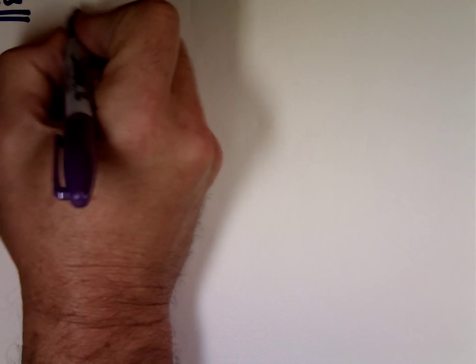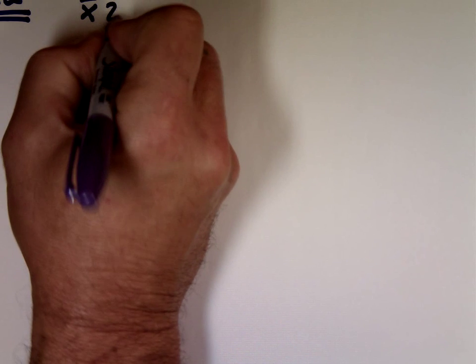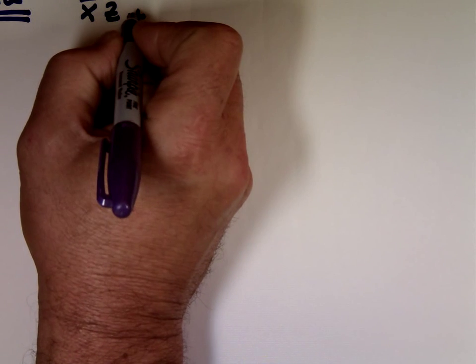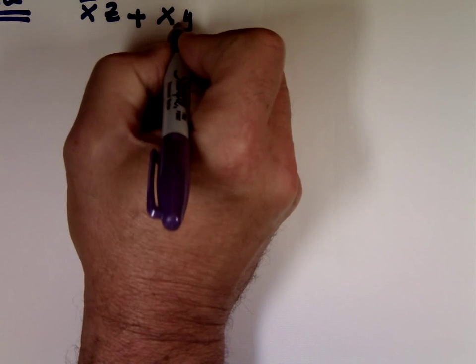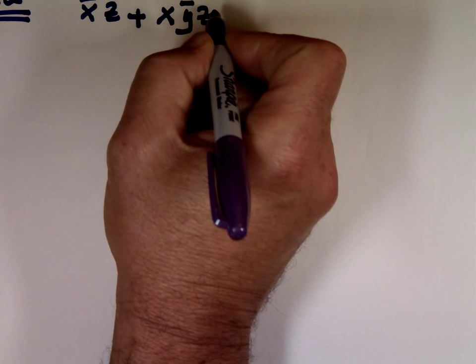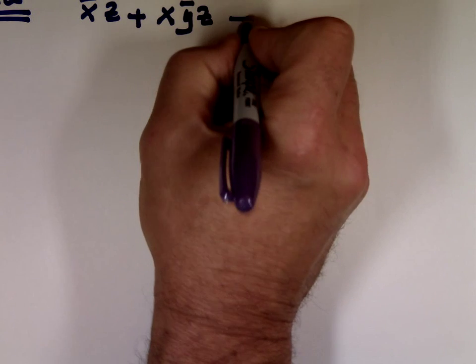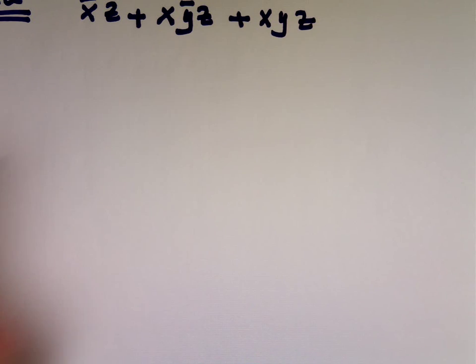What do we have? X bar Z plus X Y bar Z plus X Y Z. Now I'm looking at these two.